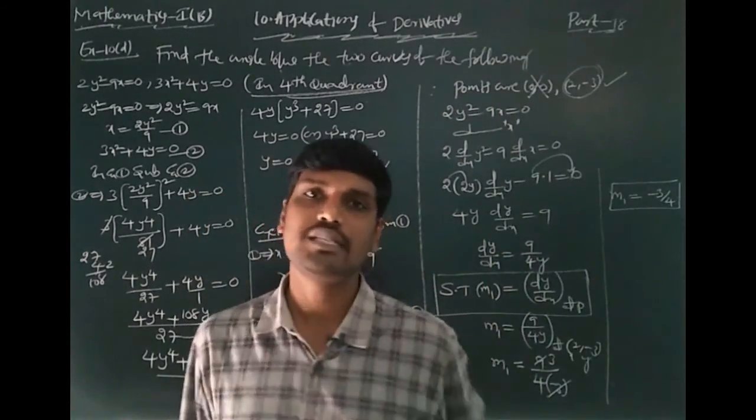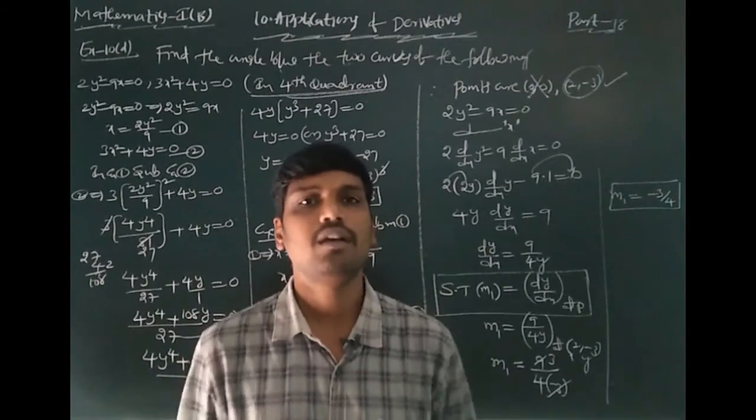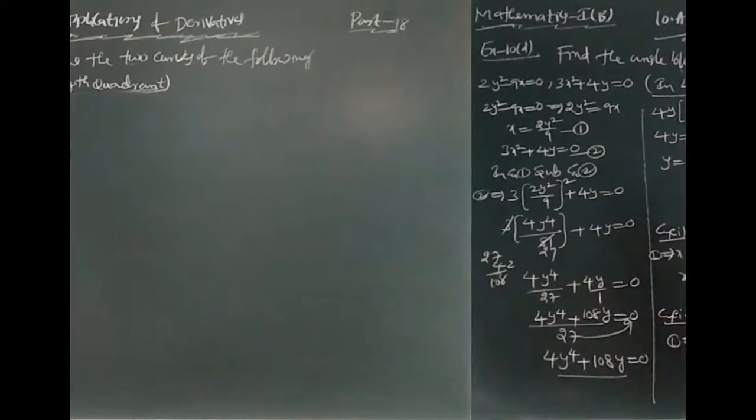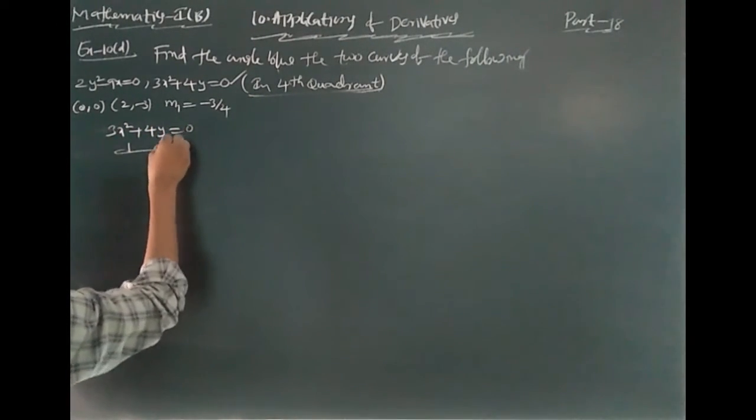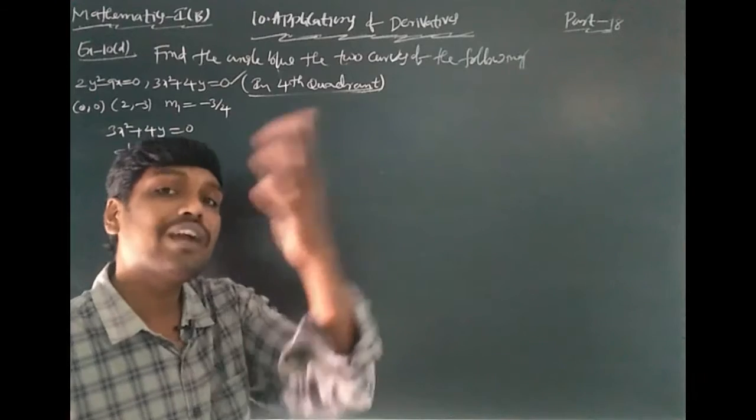After that, you can find the second curve. What is that curve? 3x² + 4y = 0. Differentiate on both sides with respect to x.